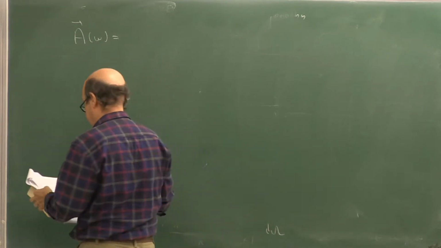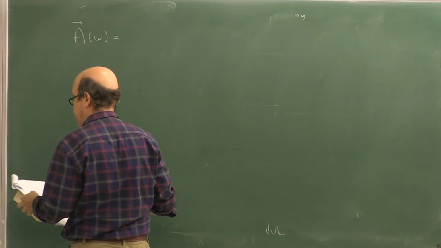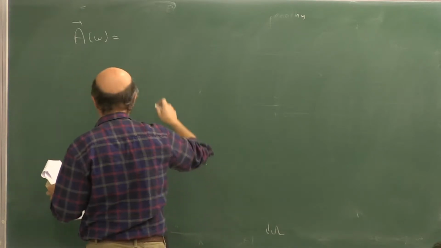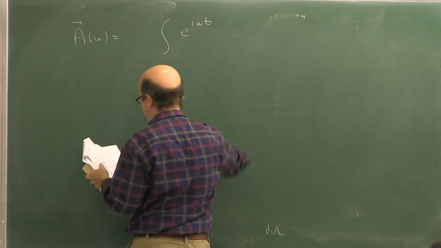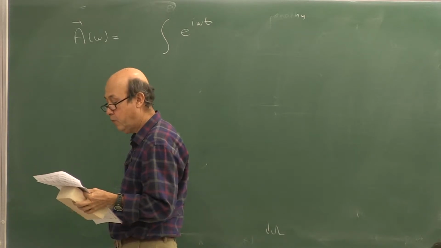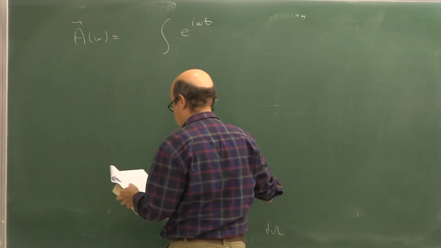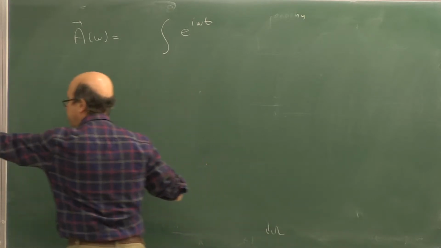So basically, I know the definition of the Fourier transform, and I know the fields of the moving and accelerated charge. So then A of t will be what?